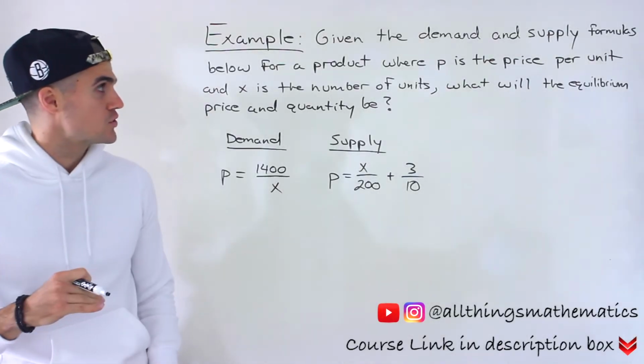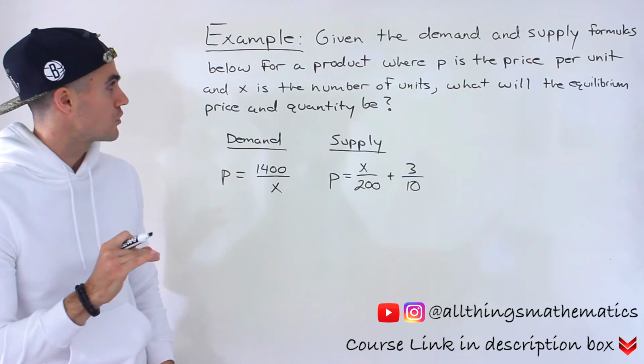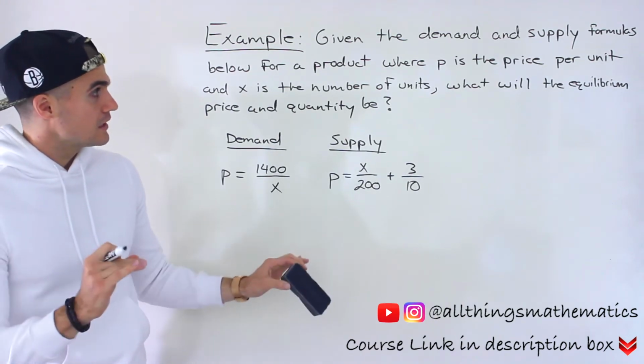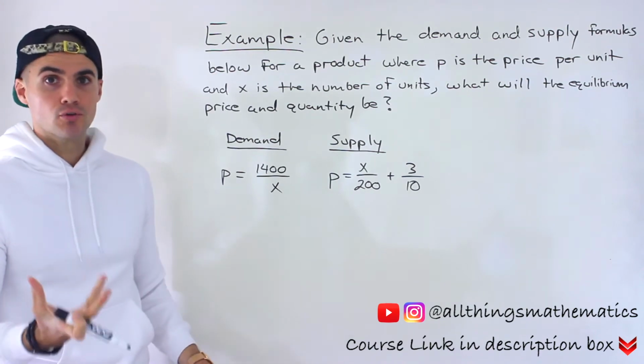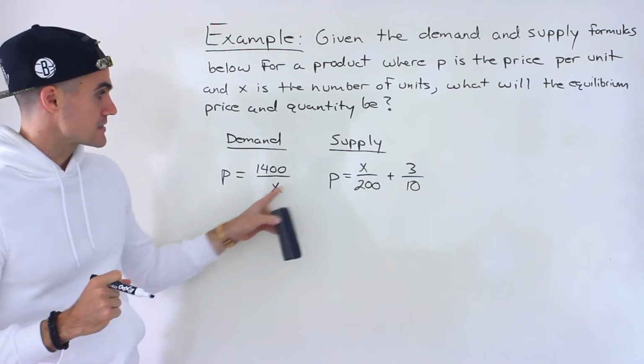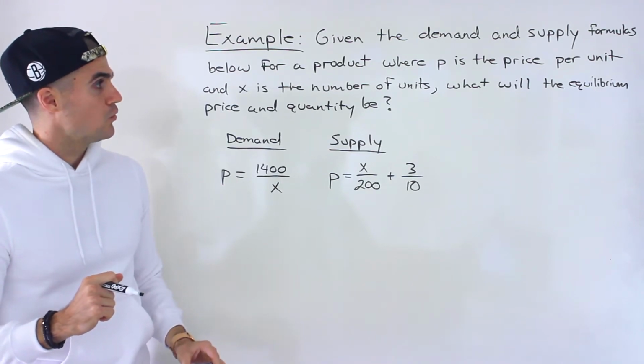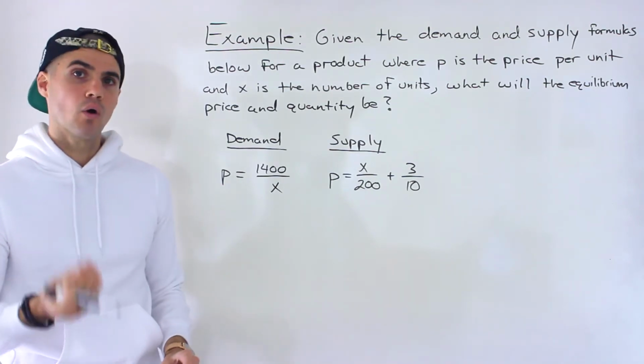In this next question, we are given the demand and supply formulas below for a product, where P is the price per unit of the product, and X is the number of units of the product. They're asking what will the equilibrium price and quantity be?